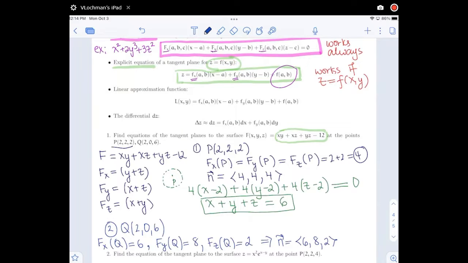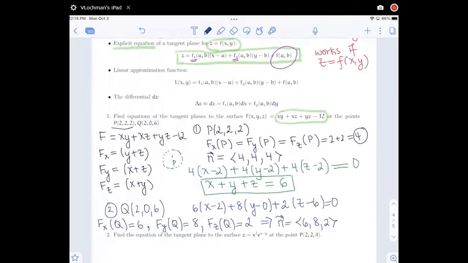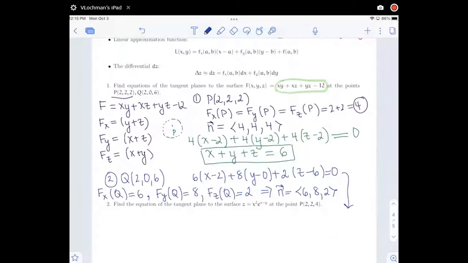So now I'm going to use our formula for the plane. 6 times x minus 2 plus 8 times y minus 0 plus 2 times z minus 6 is equal to 0. Okay, let's see, we can reduce this one by 2. Let me move the answer over here. And once we combine like terms and everything, this is going to be 3x plus 4y plus z.